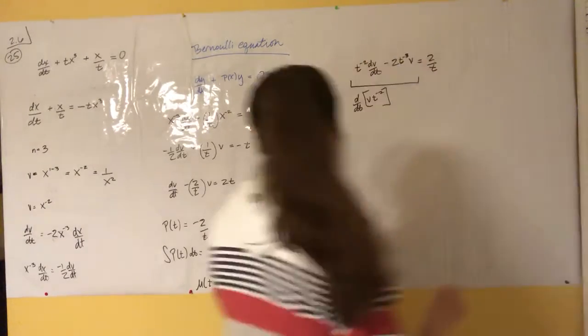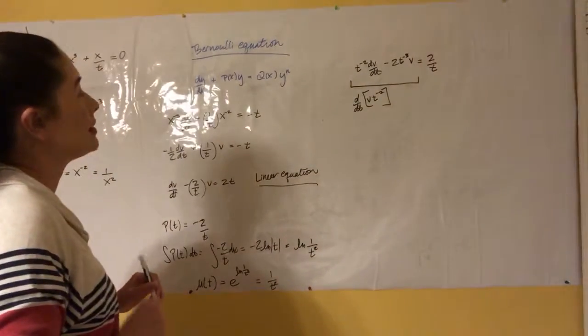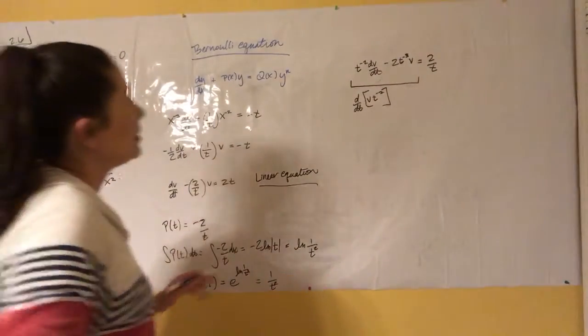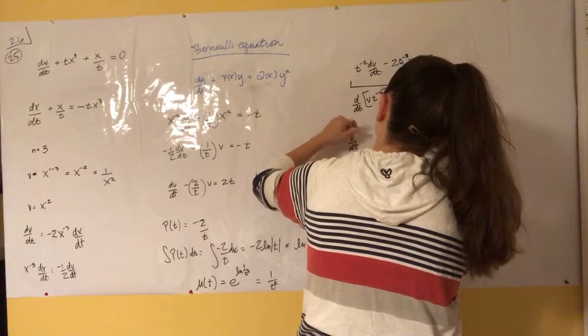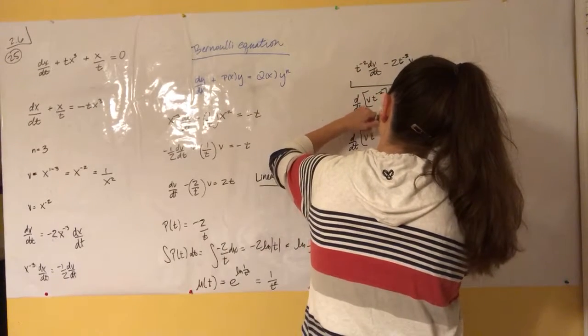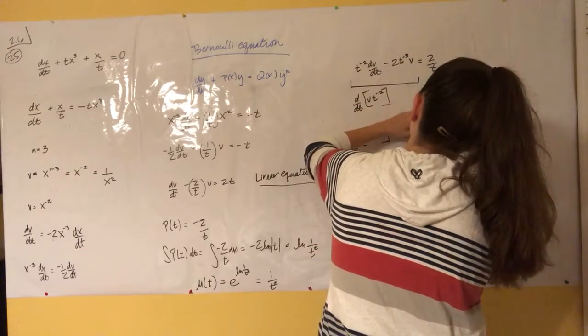That should be t to the -3 up there. My mistake. Okay, now it's good. Okay, so let's just rewrite this. d/dt of v times t to the -2 is equal to 2 over t.